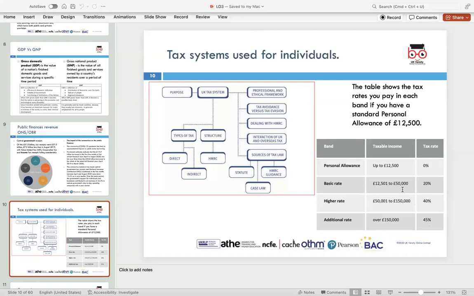The higher rate applies to income that falls between 50,000 and 150,000 at a rate of 40%. Finally, the additional rate is applied to income that exceeds 150,000 at a rate of 45%.